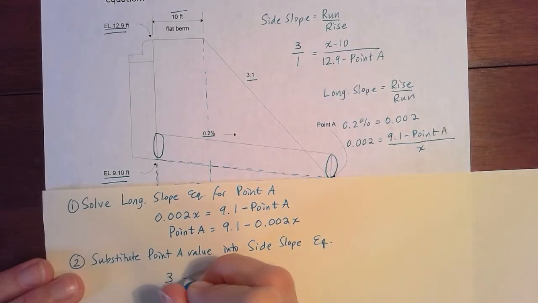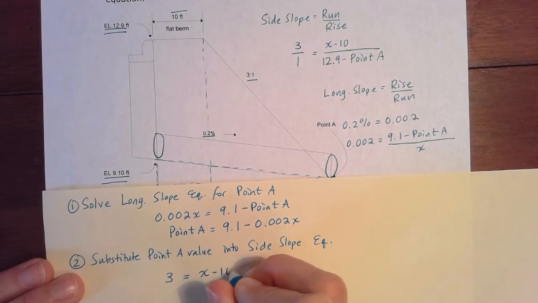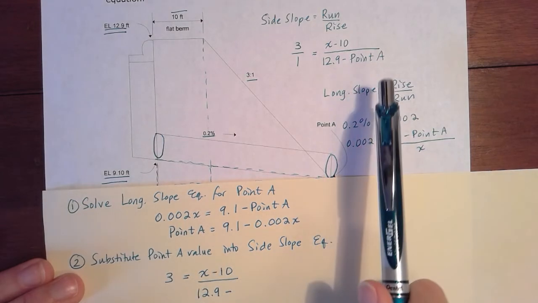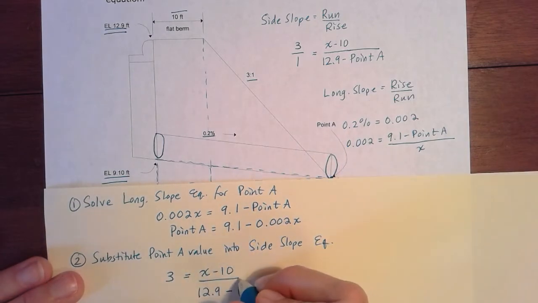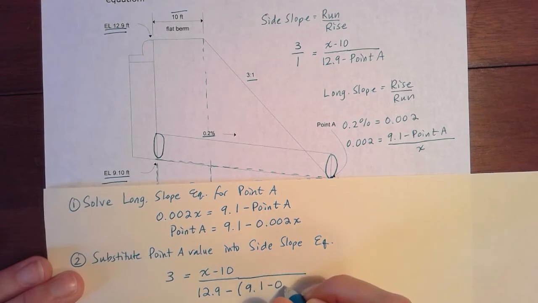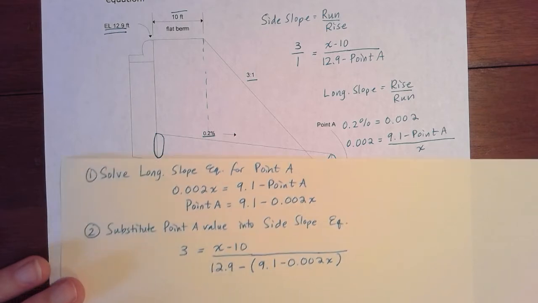So I'll just say that 3 equals x minus 10 over 12.9 minus point A. But I just said point A is equal to this whole thing. So let's put that in parentheses. So 9.1 minus 0.002x. And I have to use those parentheses because I got a minus sign out here, and I'm going to have to distribute to each of those members in the parentheses.